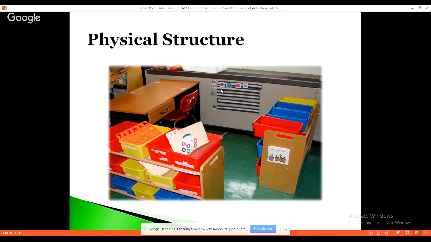There's a diamond, a square, a circle. These are pictures put on these trays. Sometimes the child matches the activity to activity. They know that this is the first activity to be done, then there's another activity to be done. So this is a very good example of physical structure.